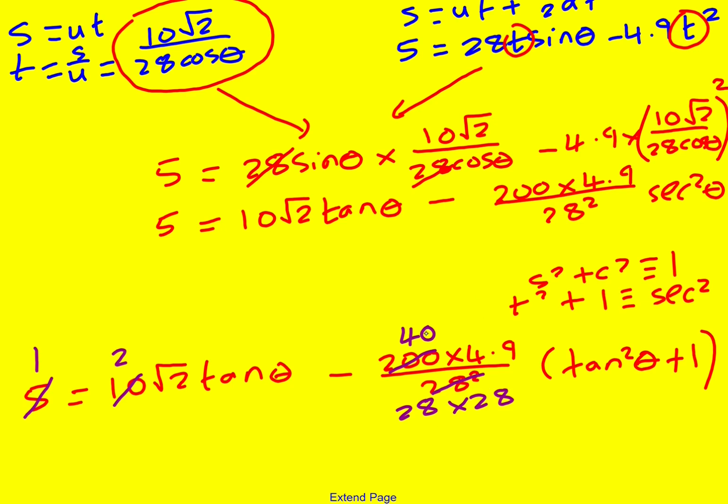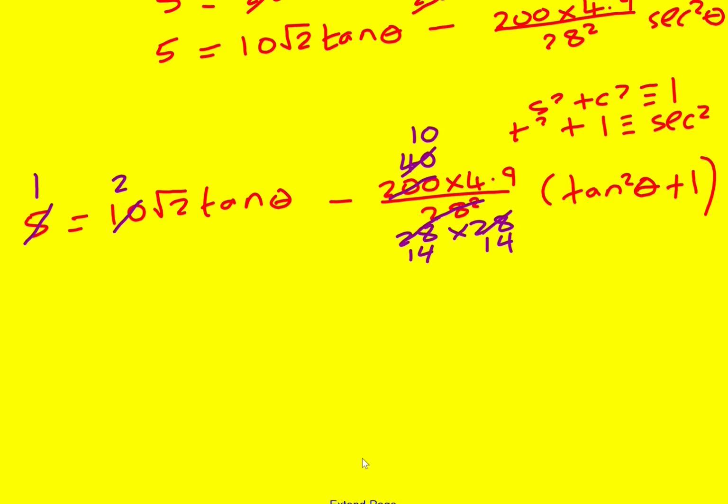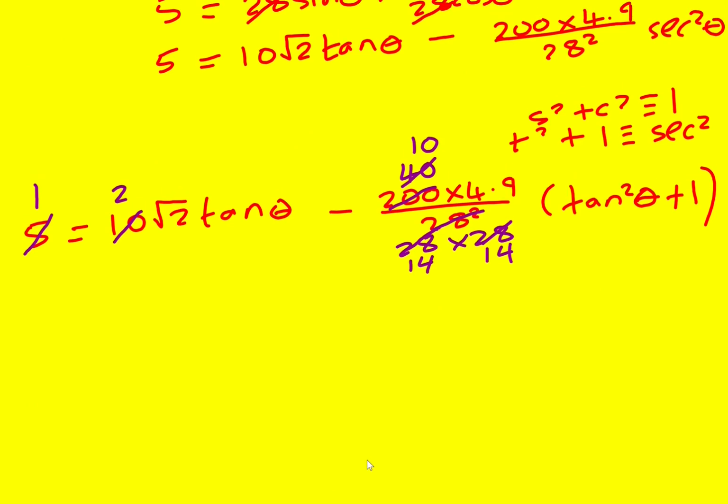If I divide top and bottom by 4, I get 10, and then 14 times 14. That's looking much better already. 10 times 4.9 is 49. And then actually, I can divide top and bottom by 7, which makes this a 2 and this a 7, and the same again. Okay, and it's all gone. Sorry, it's just become 1 now.